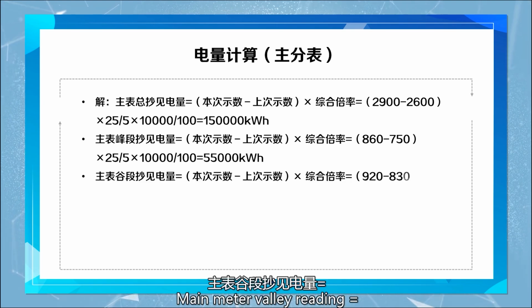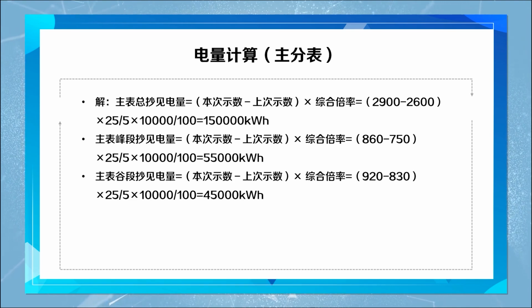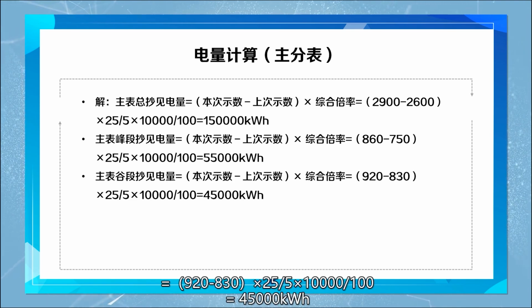Main meter valley reading equals current reading minus previous reading all times comprehensive multiplier equals 920 minus 830 all times 25 divided by 5 times 10,000 divided by 100 equals 45,000 kilowatt-hour.